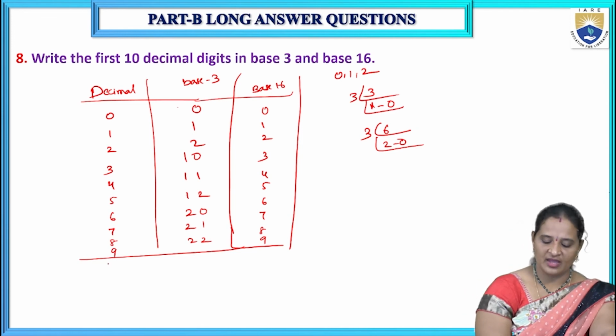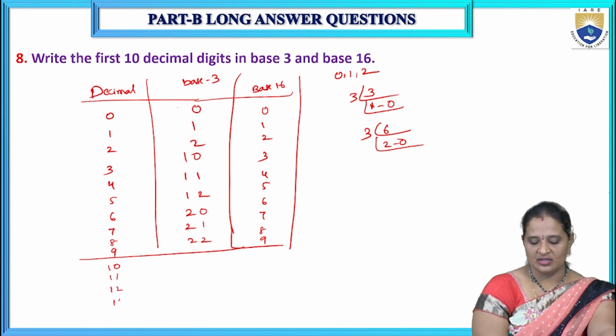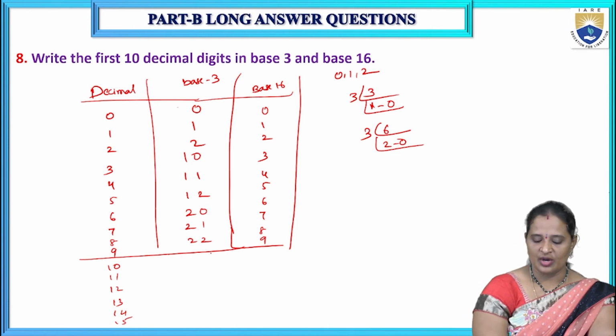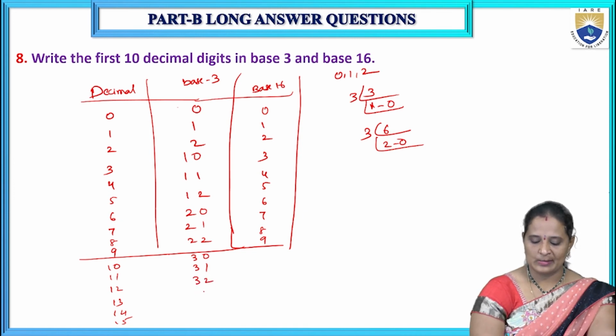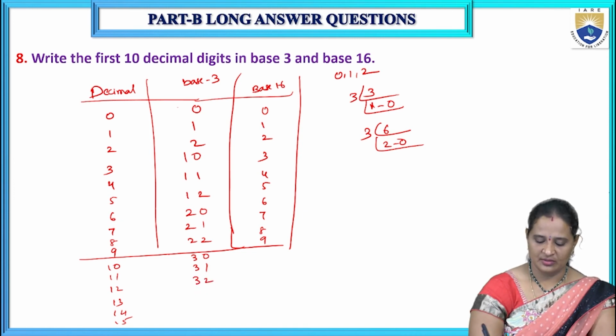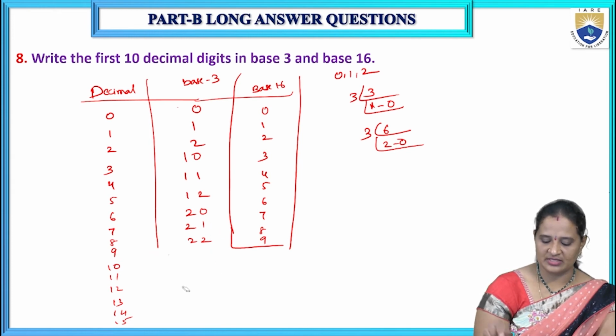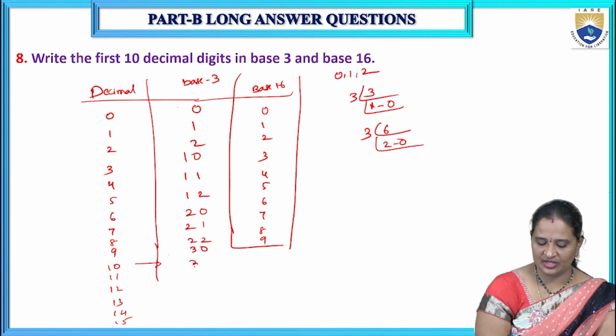So for example, if we have 10, 11, 12, 13, 14. It is not asked, but for your understanding, I am telling you. Okay, sorry. 9 can be represented as 3, 0. Whereas 10 can be represented as 3, 1.